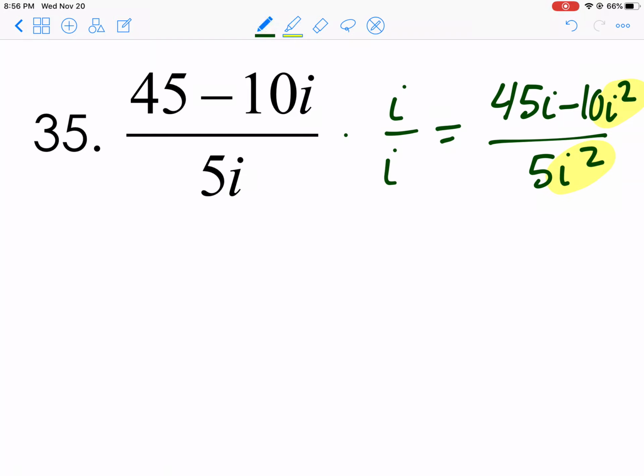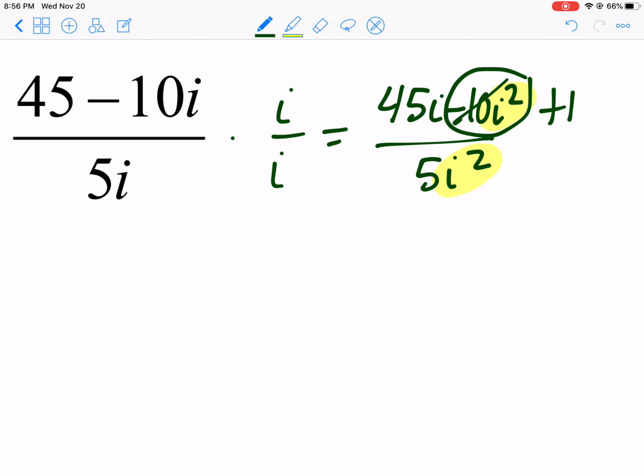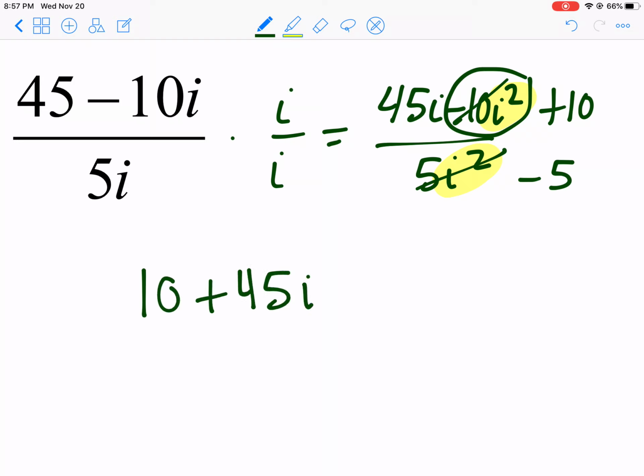So on the top, negative 10i squared is negative 10 times negative 1, it's going to be positive 10. So you might notice a pattern that the sign is just changing of whatever was in front of it. 5i squared, 5 times negative 1, that's going to be negative 5. So 10 plus 45i, I'm just rearranging the order, no change in value, all over negative 5.